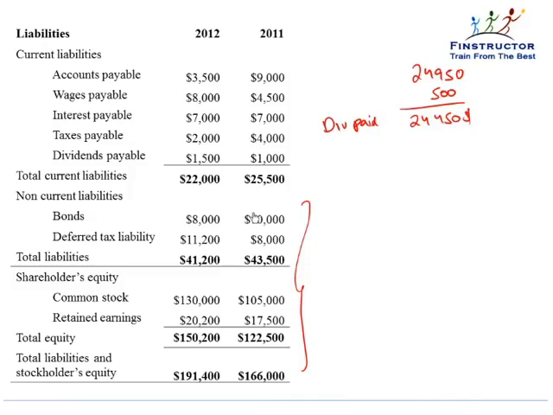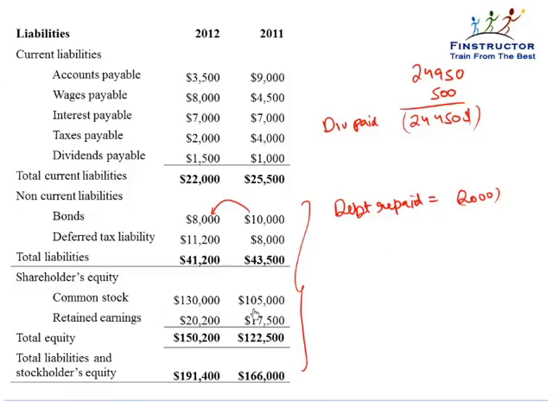Bonds outstanding went down by $2,000, implying that we repaid our debt to the tune of $2,000. This will again be a cash outflow, both dividends paid and debt repaid.